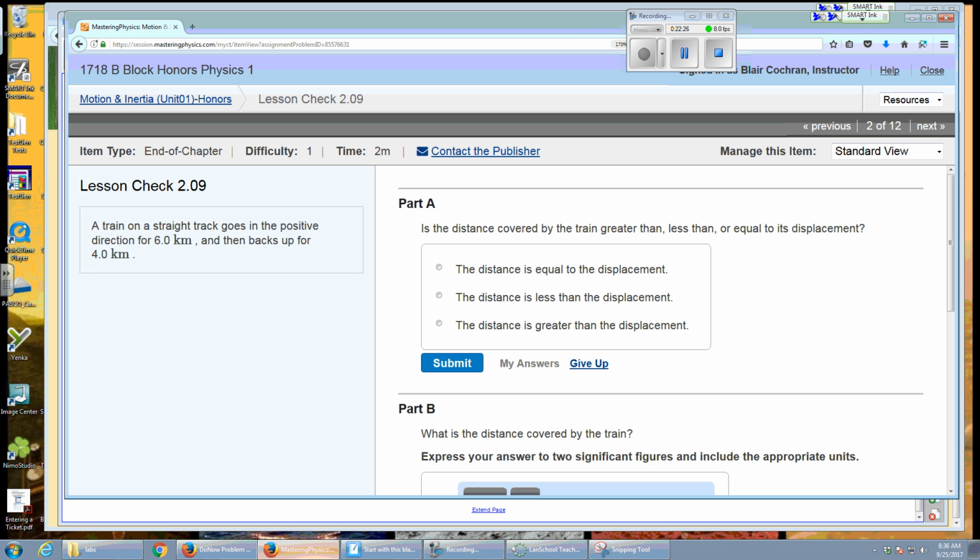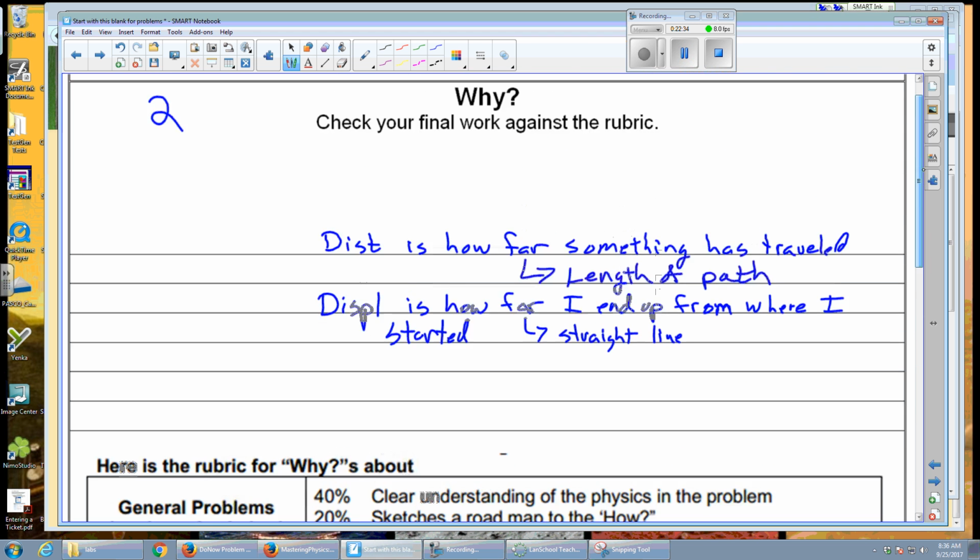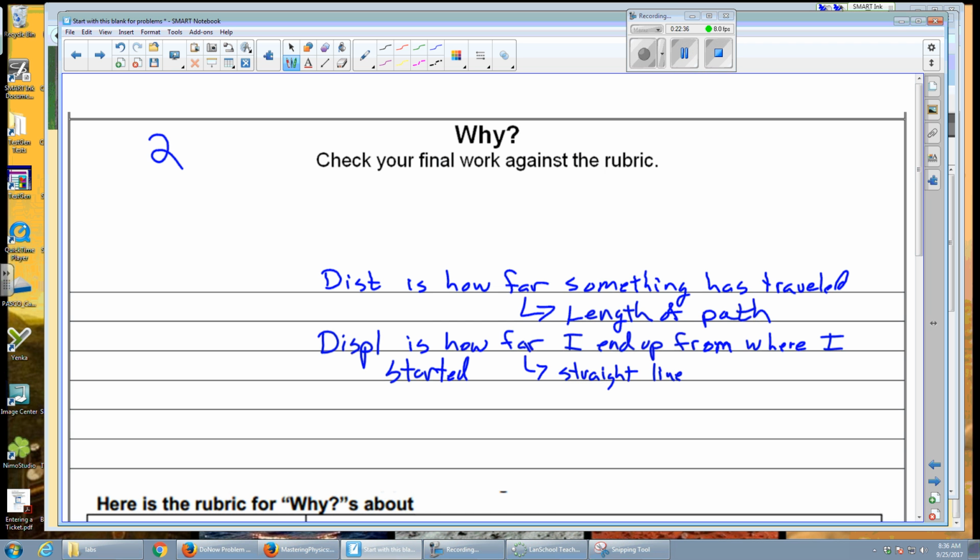So looking at this one, I think it's going to help me to draw a picture. Up here, I'm going to draw a picture. I have my train, it starts, and I'm going to call this 0. So this would be 6 kilometers.